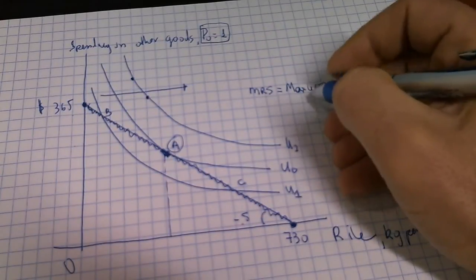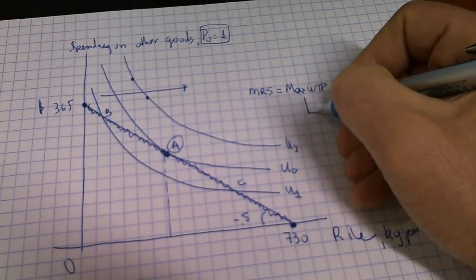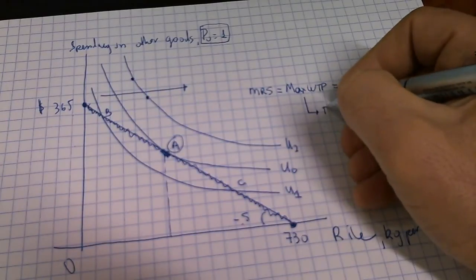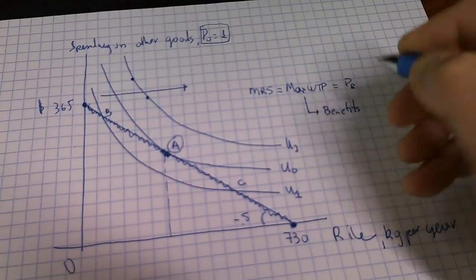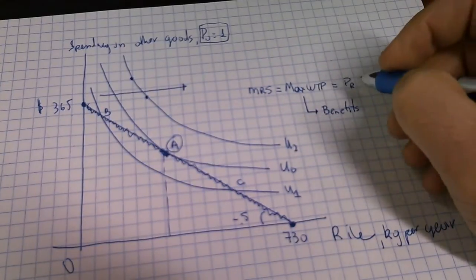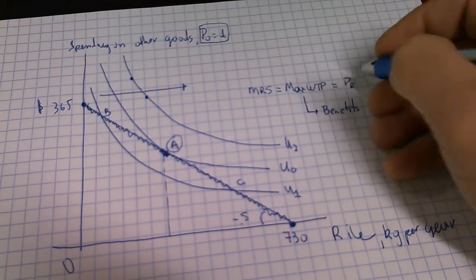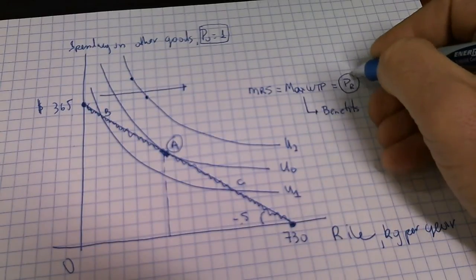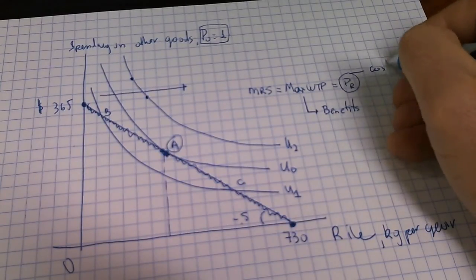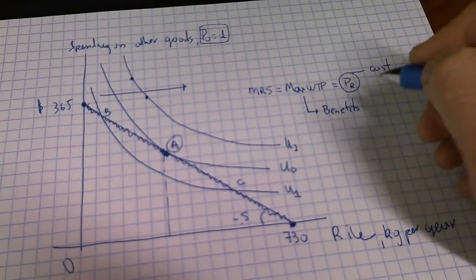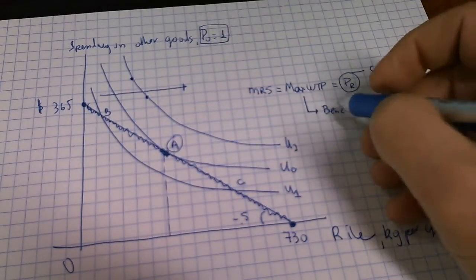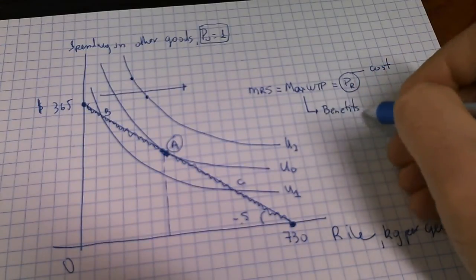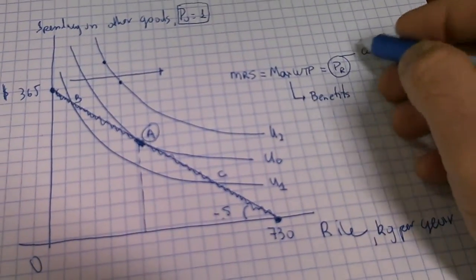The maximum willingness to pay shows the maximum benefits he gets from buying an extra kilogram of rice, and the price of rice gives you the cost. A is the optimum because the additional benefit from an extra unit of rice is just equal to the additional cost to you.